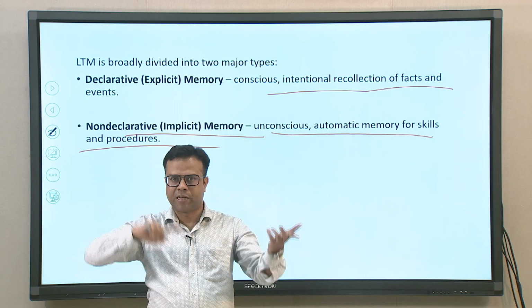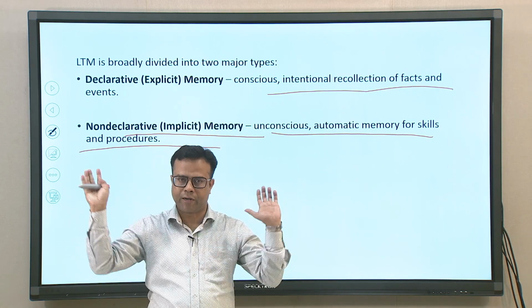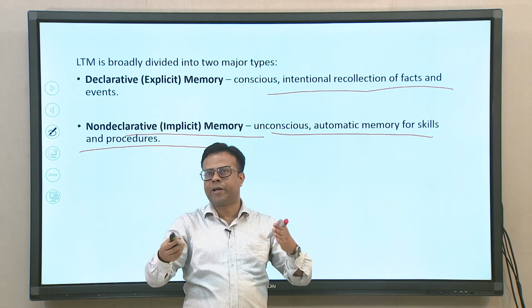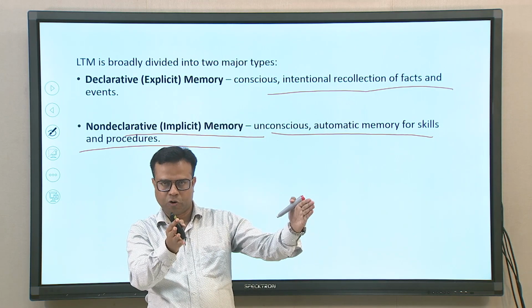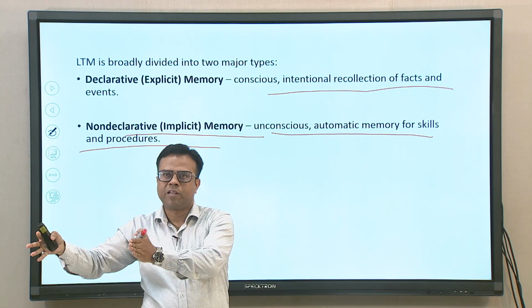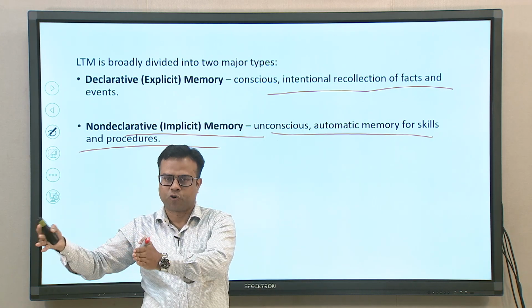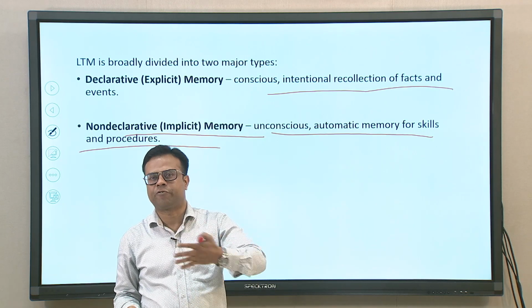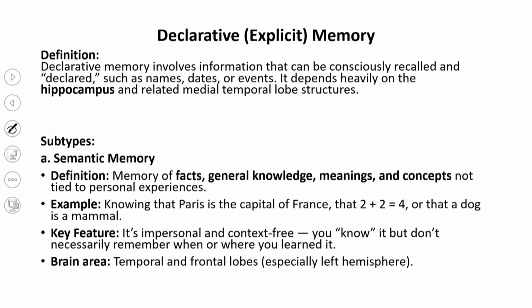You do not have to remember all the steps again and again. So, broadly, long term memory has declarative memory, the knowledge system of facts and knowledge, and non-declarative memory, which is unconscious, automatic memory, mostly for the skills and procedures that we learn to do something. So, let us look into explicit or declarative memory.